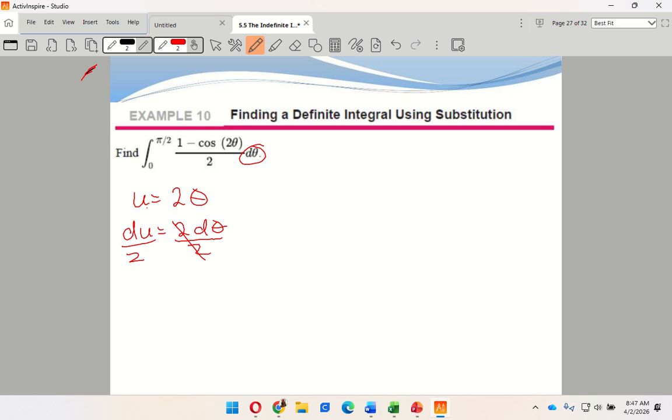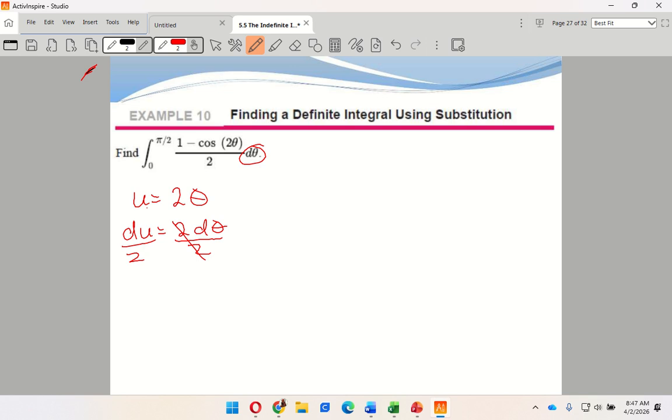The 2 you already have in there, it's on the bottom, right? Can we put it in front? Yeah, as a 1/2. So it would be a 1/2 in front of that. But I also have a 1/2 over here, right? So it'd be 1/4.